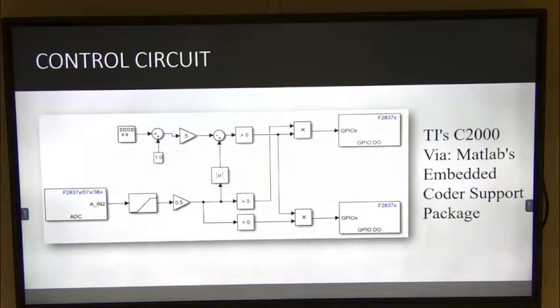As I mentioned previously, that is the control circuit utilized within the single-phase converter. We have an input on the leftmost side, which would be the analog to digital input utilized from the C2000 microcontroller that we use to not only generate but also output the actual PWM signals that are seen on the rightmost side.